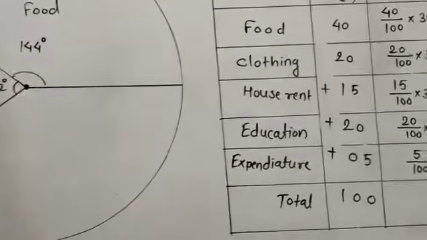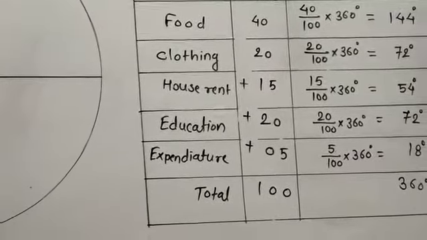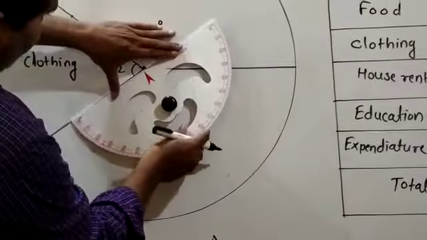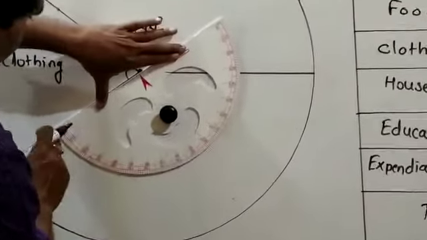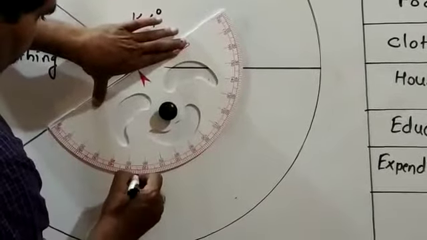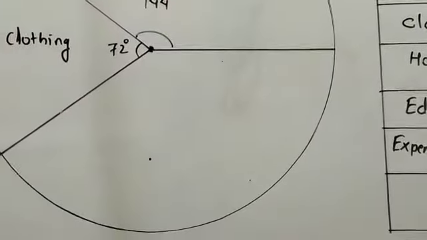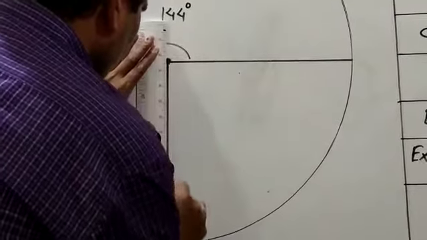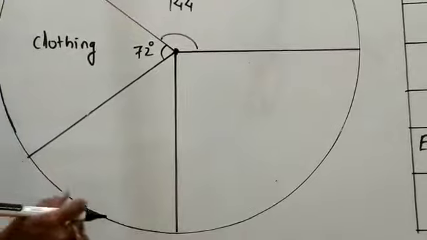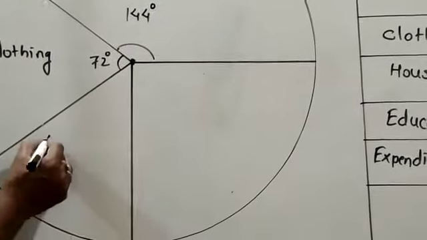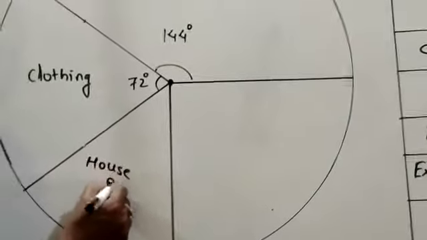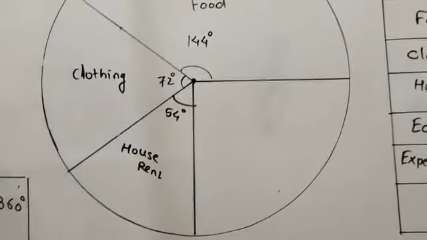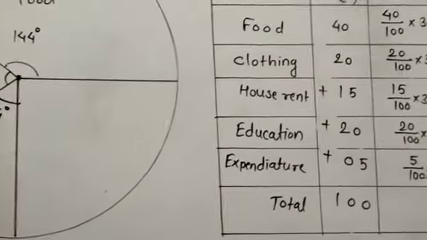Then the next one is 54 degree for the house rent. Again you have to use the protractor, and 0, 10, 20, 30, 54 will come here, and you have to draw like this. This one is for the house rent, 54 degree. Then the next one is 72 degree for the education.